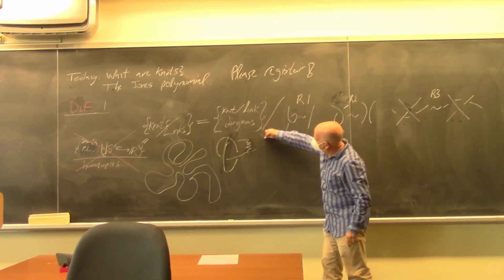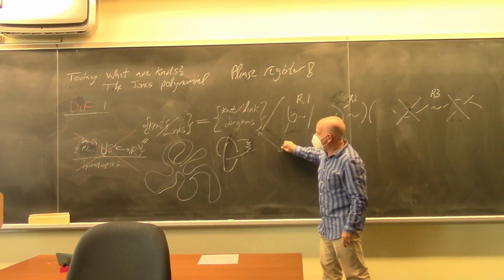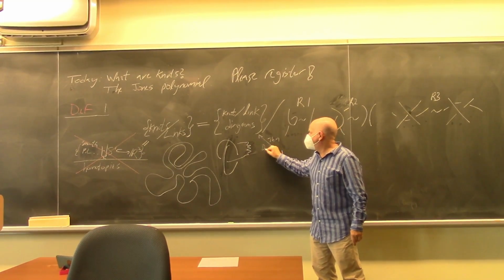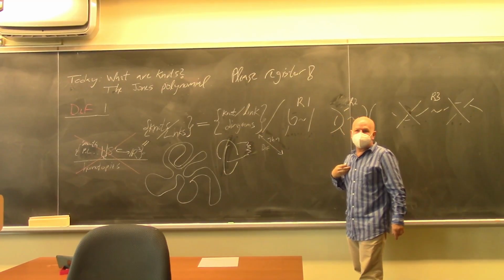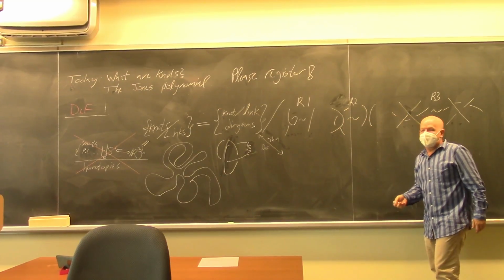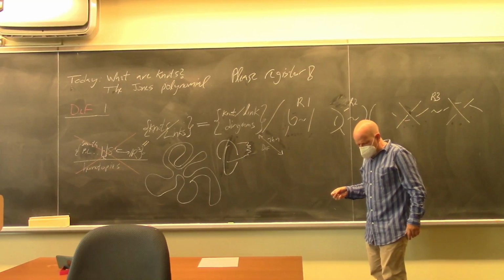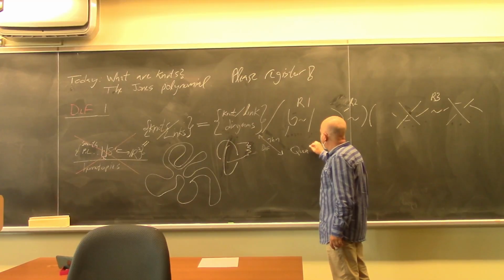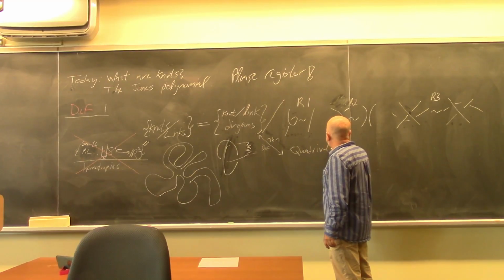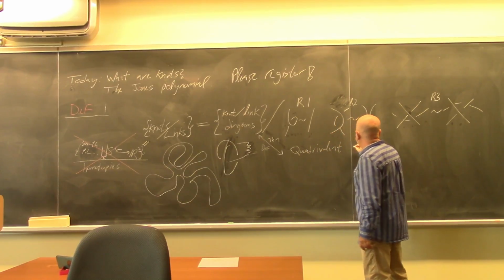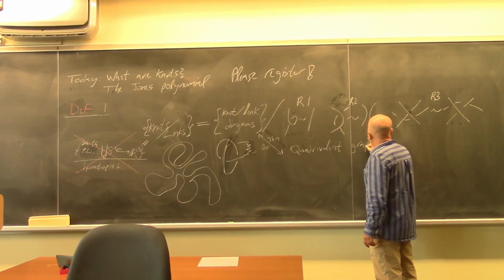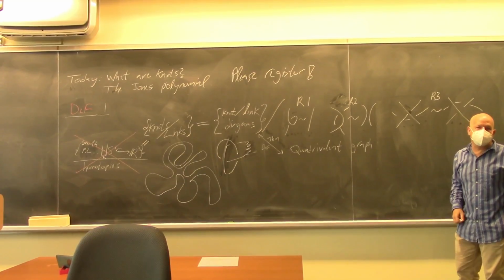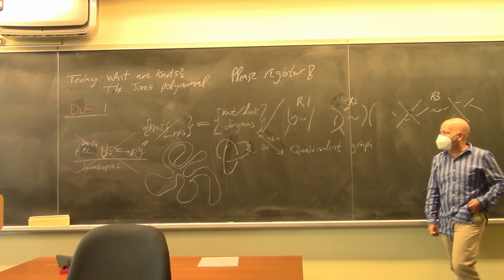So what is a knot or a link diagram? You can say this is either a theorem or a definition, depending on your mood, okay? So what is it? It's a quadrivalent graph, subject to a number of provisions and with extra bits of information.